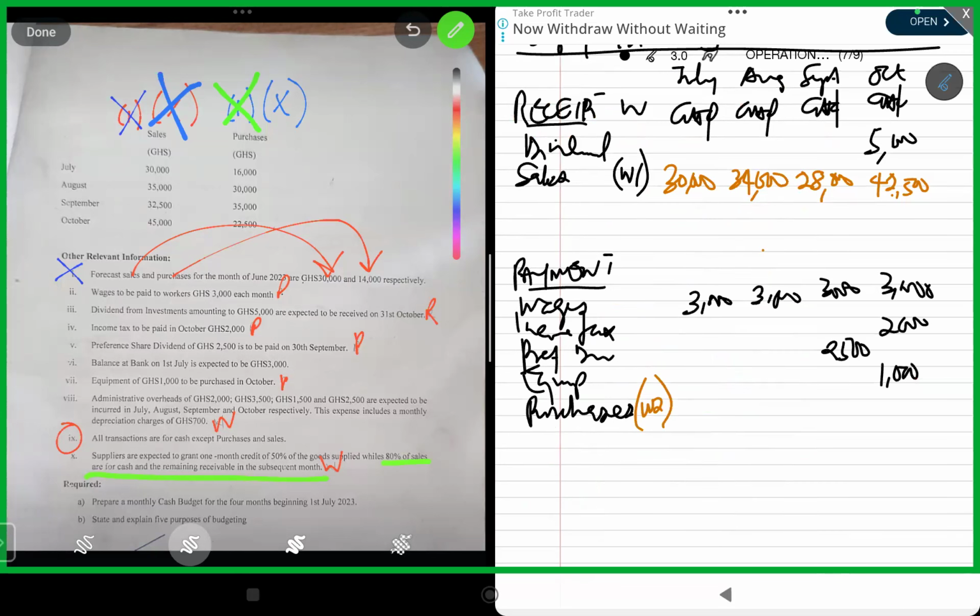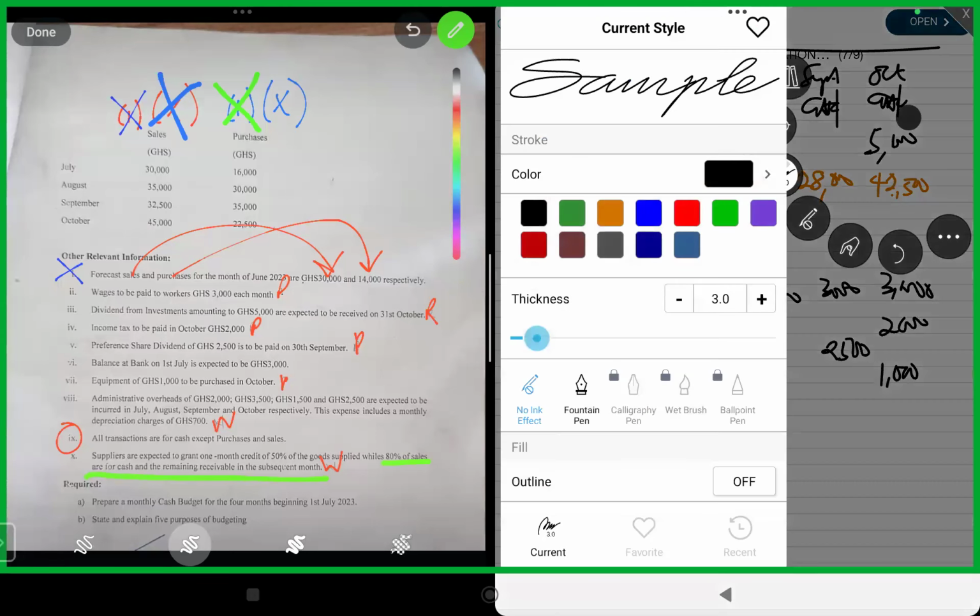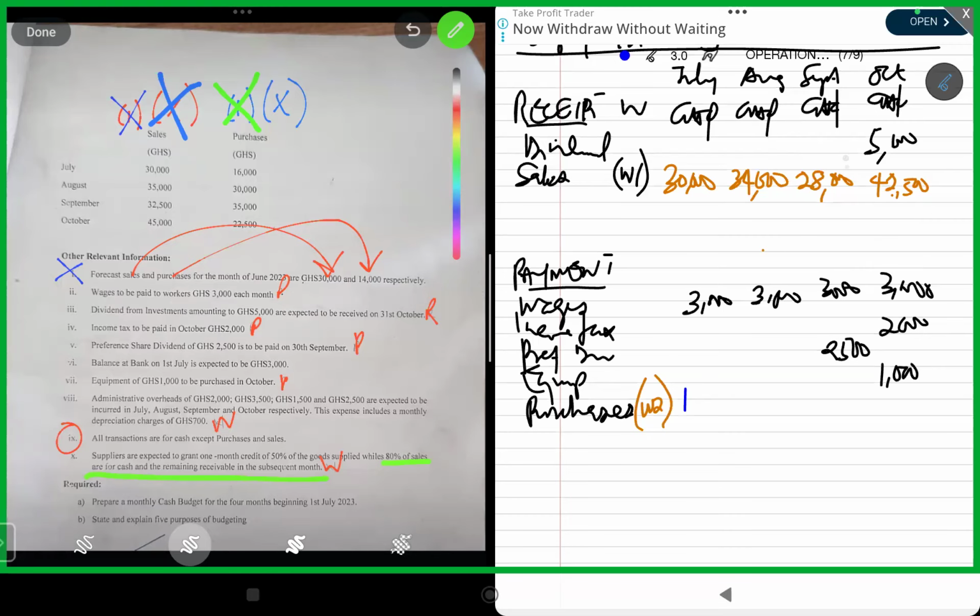So July, what figure was recorded in July? 15,000. August, I guess it's 23,000.